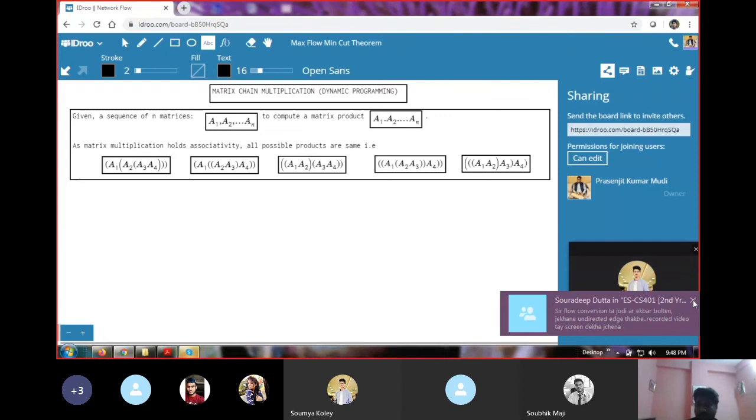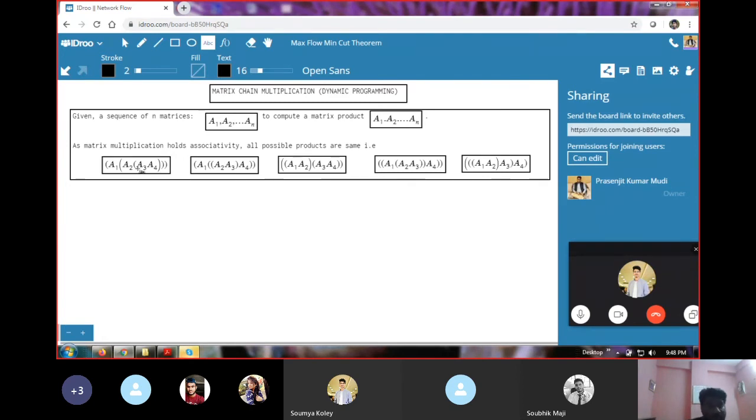I will come back to that portion later, just for the time being you consider here. So see, first we are computing A3 A4, then the result A3 A4 is multiplied with A2, then that is multiplied with A1. So here the sequence is A3 A4, then the product is multiplied with A2, then with A1, which is not the same in this case: A2 A3 first, then that product is multiplied with A4, then that product of 3 matrices is multiplied with A1.